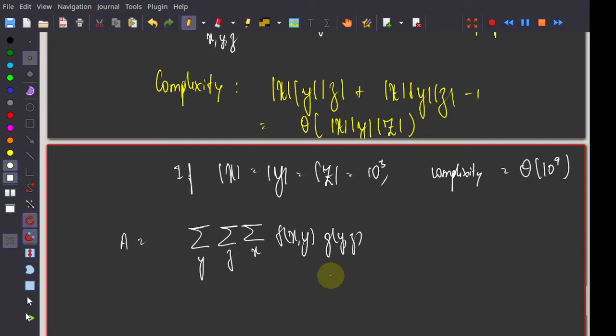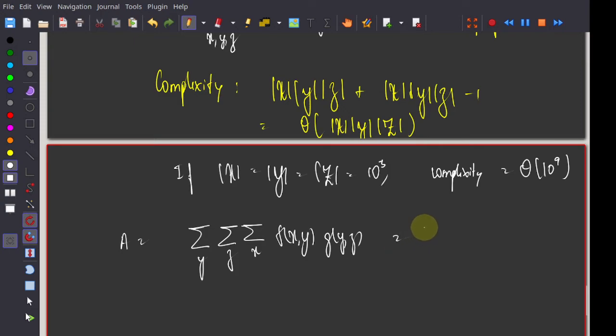Now, when I'm summing over x, the second term is not really helping me. Similarly, when I'm summing over z, the first term doesn't really matter. So when I'm performing summation over x, I can take this term outside the summation. Similarly, I can take this entire term outside the summation over z.